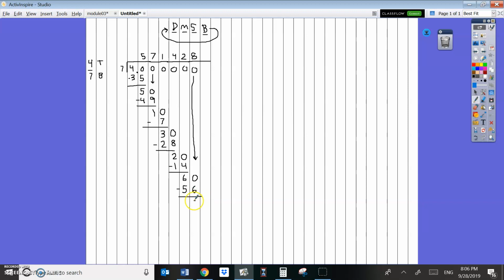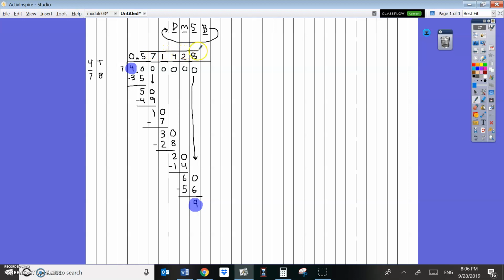And you get 4. And now look. The number that we started with, 4, is the same number that we have right here. So, remember to bring your decimal up. You can put a 0 in the beginning. And this whole section repeats.